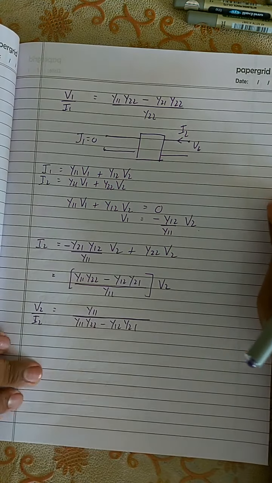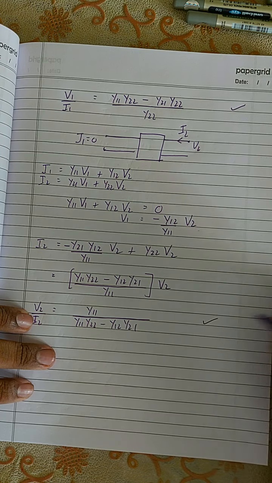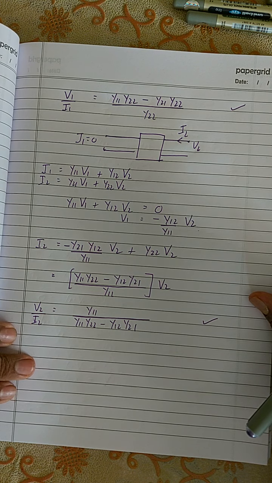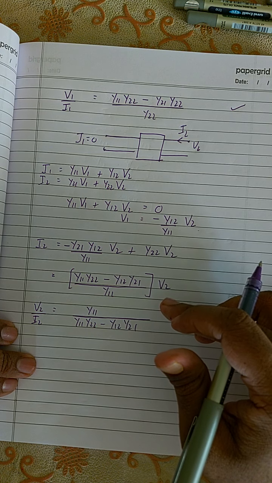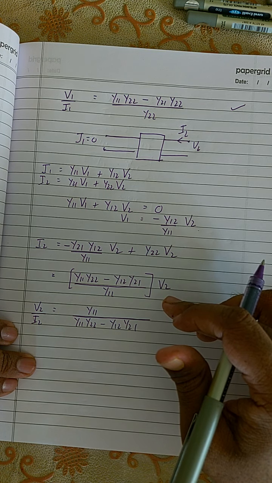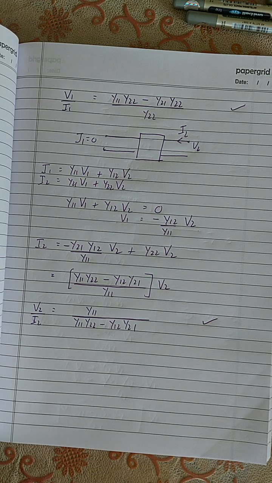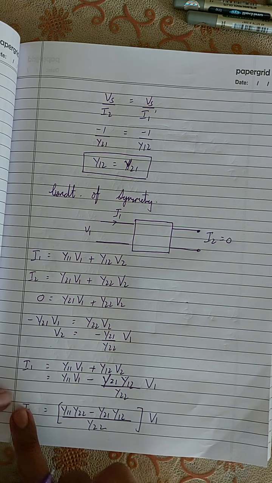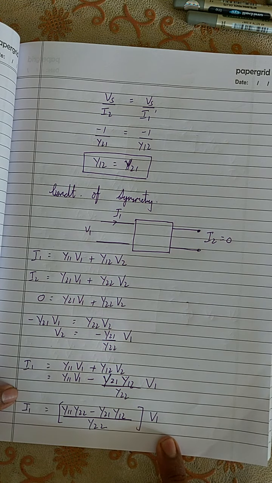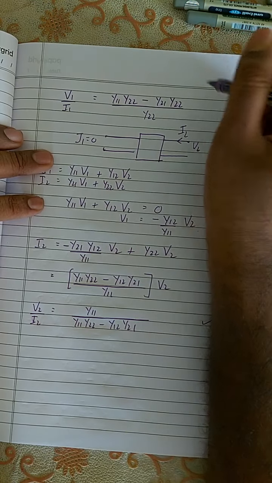Our network is said to be reciprocal if these two equations are equal to each other. Or did I make a mistake somewhere? Oh, it's the reciprocal of this. This is V1 by I1, so this is the reciprocal. I made a mistake over here.